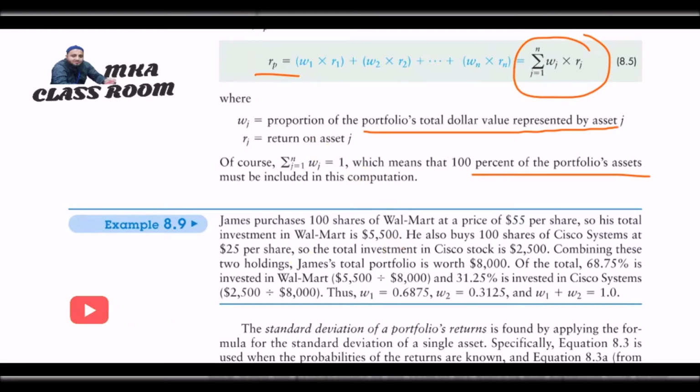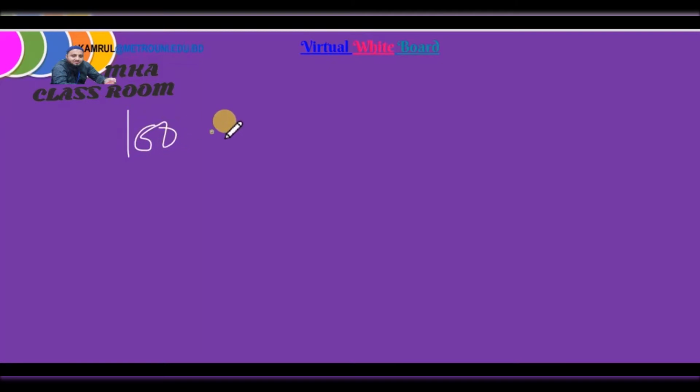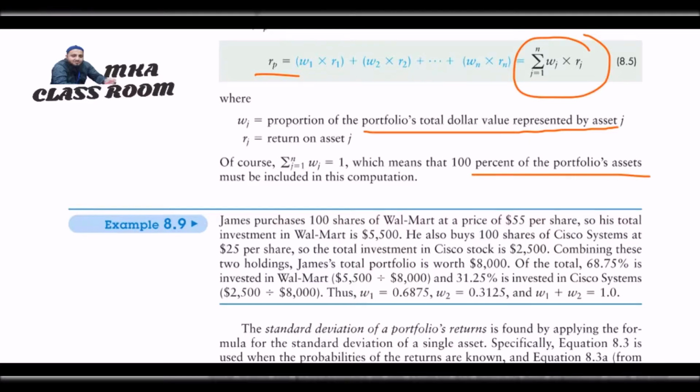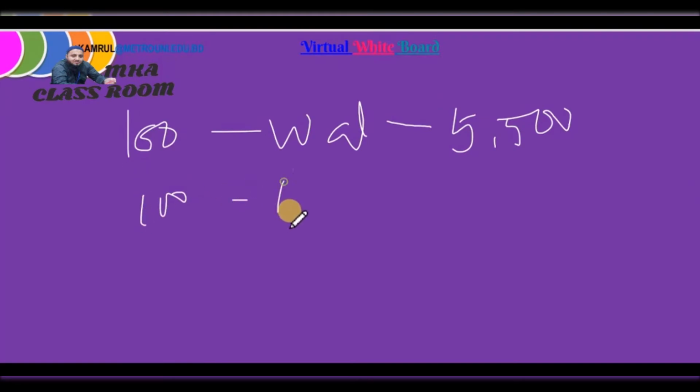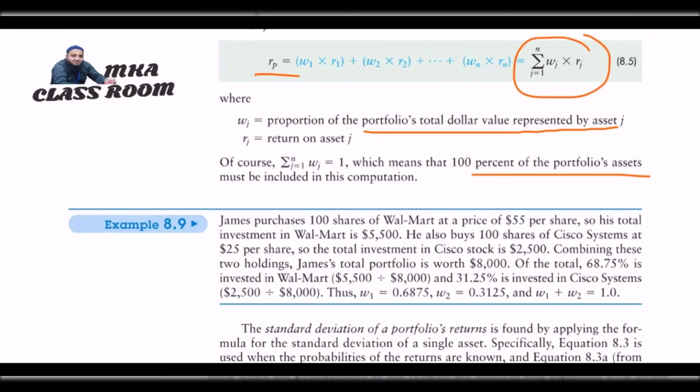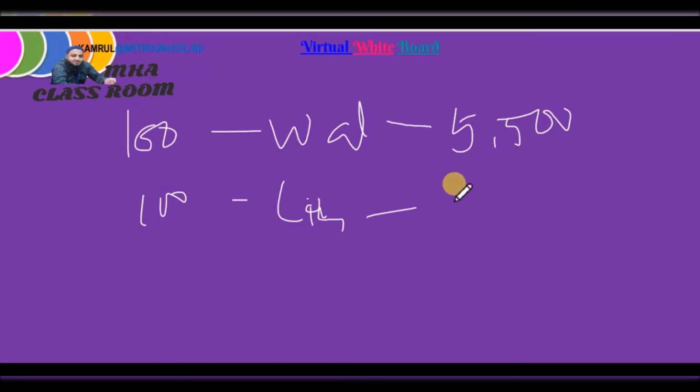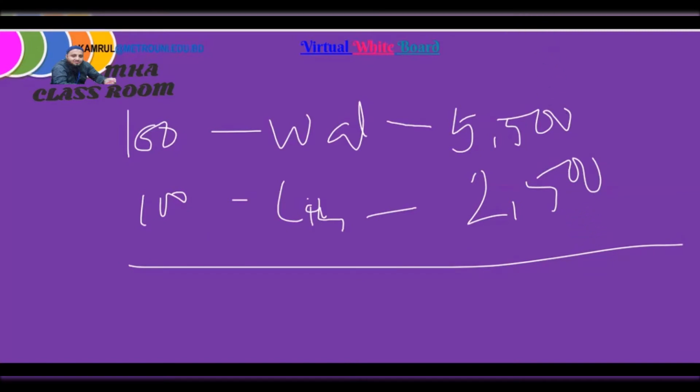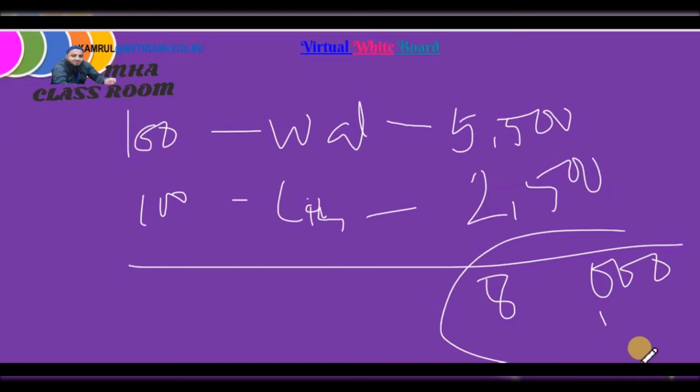So the total investment is $8,000, or 8,000 Taka.